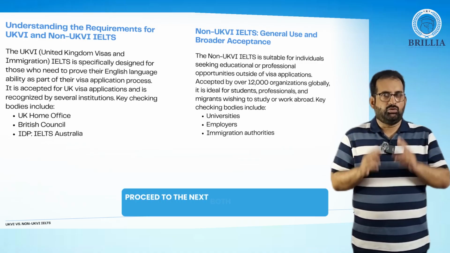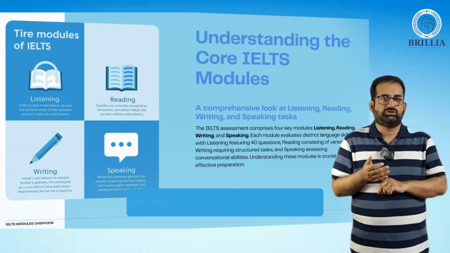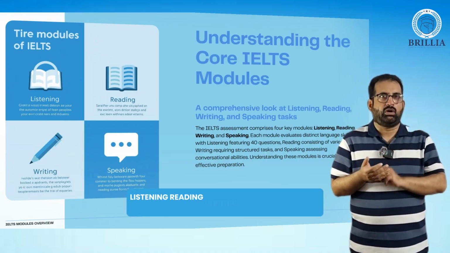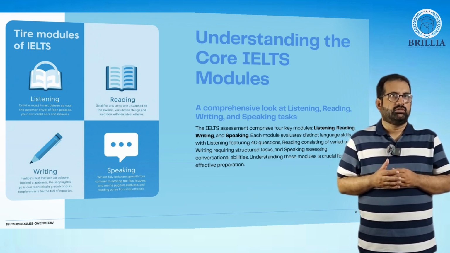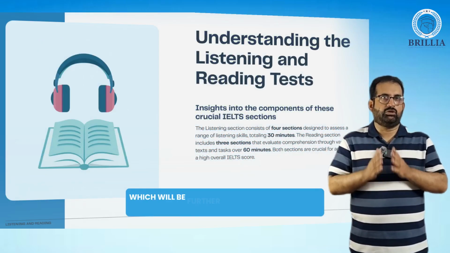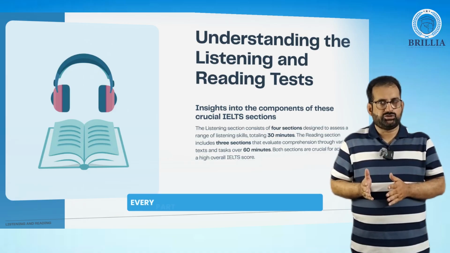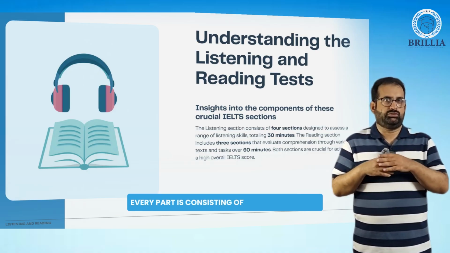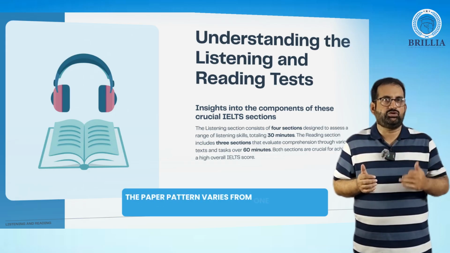Proceed to the next. Both exams consist of four modules: listening, reading, writing, and speaking. In the IELTS listening paper, you will get 40 questions which will be further divided into four different parts. Every part consists of a different pattern. The paper pattern varies from one part to the other.